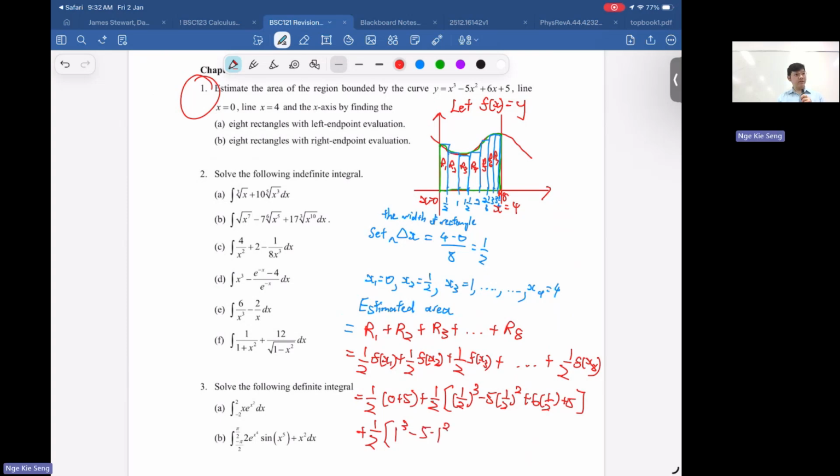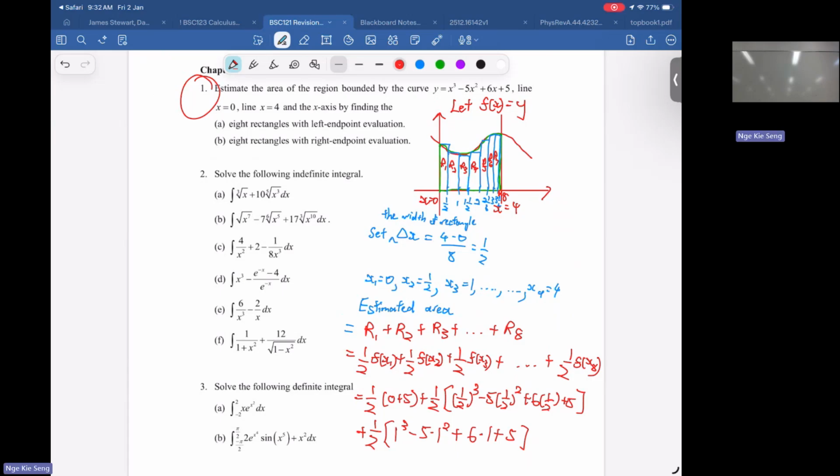Can you get the idea? Yeah, so you need to do it for 8 terms. Okay. You need to substitute. What are the numbers you need to substitute into the function to get the height? You need to substitute 0, half, 1, 1.5, 2, 2.5, 3, 3.5. Okay, we use the left one.